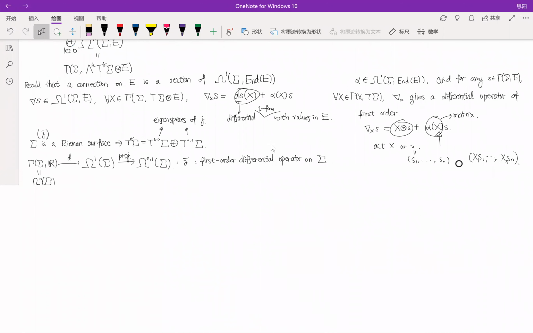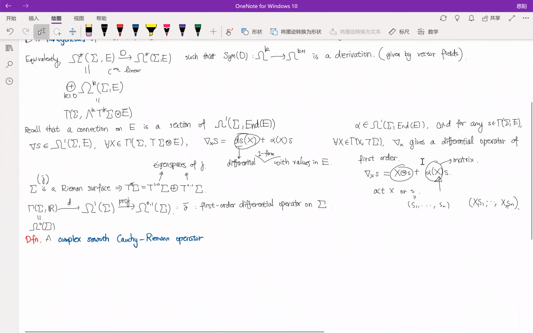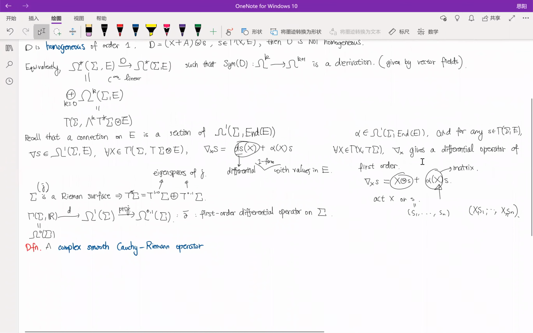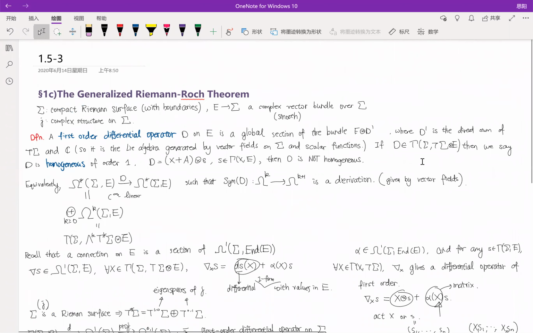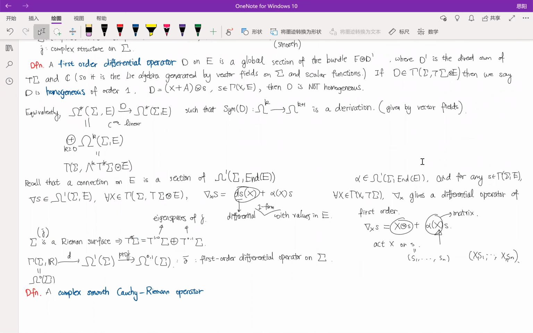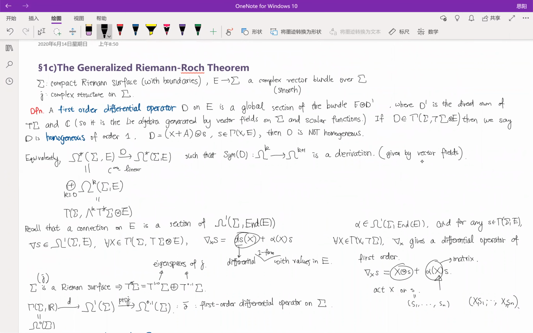So x is a vector field on the Riemann surface, right? Yes. And s is a section of E. So right now, how to regard the connection with vector field x as a differential operator with our previous definition: it is a global section of the bundle E tensor with D1.